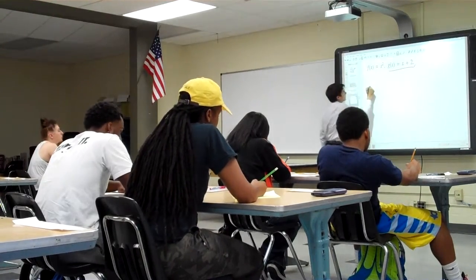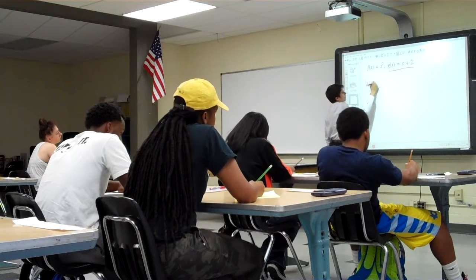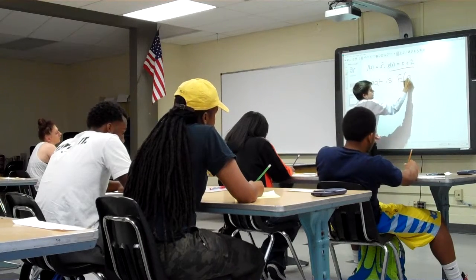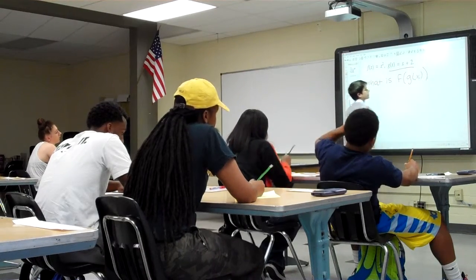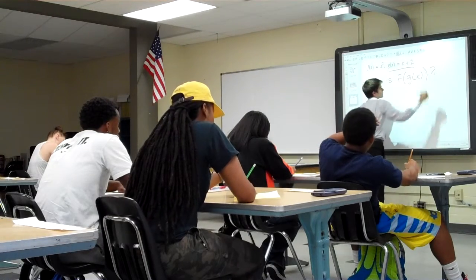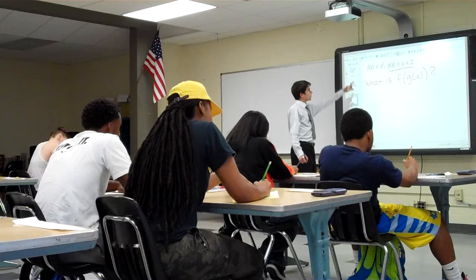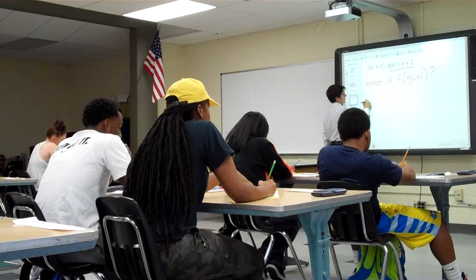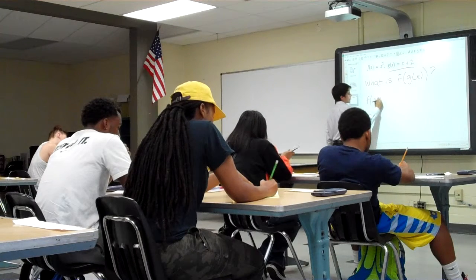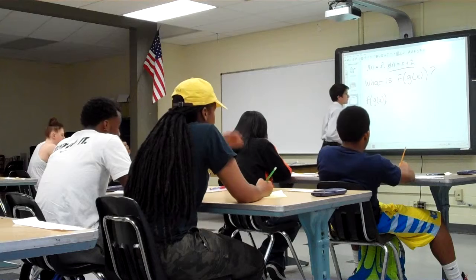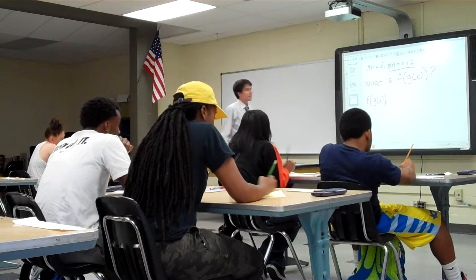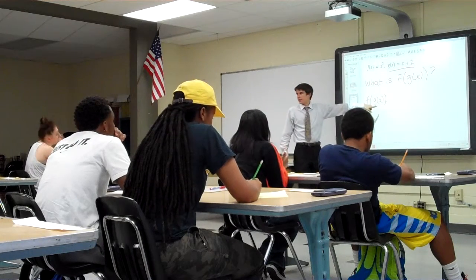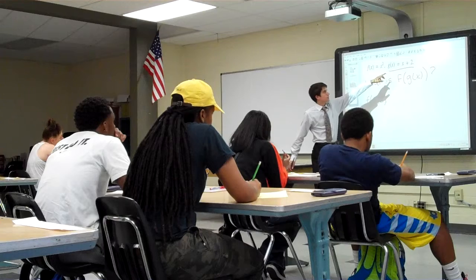So the question here is, what is f of g of x? We know f of x is x squared. f of g of x means we take that x in our f of x and we substitute in g of x, which is x plus 2.